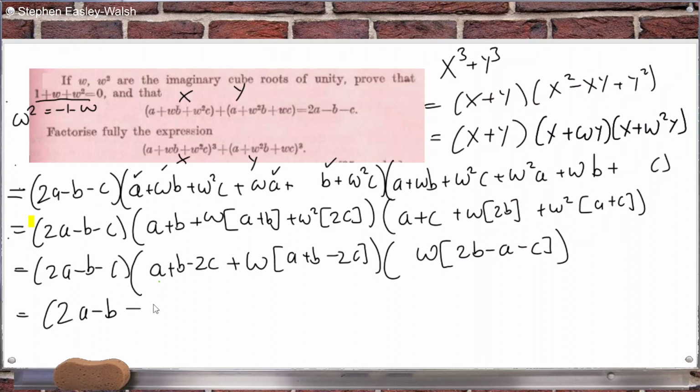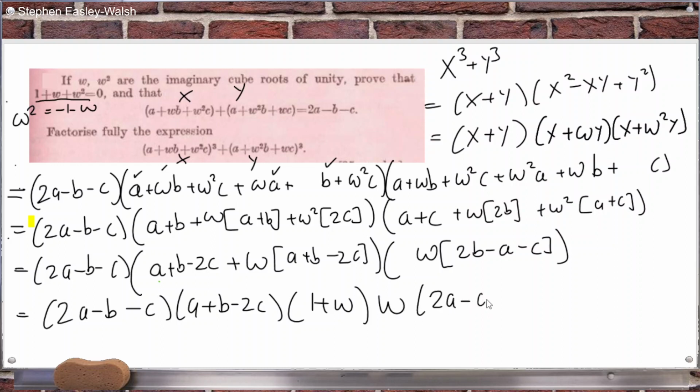2a minus b minus c, and then I can factor out a plus b minus 2c, and I'm left with 1 plus omega times omega times 2b minus a minus c. So if I multiply omega in, I'll get omega plus omega squared. And omega plus omega squared will be minus 1.